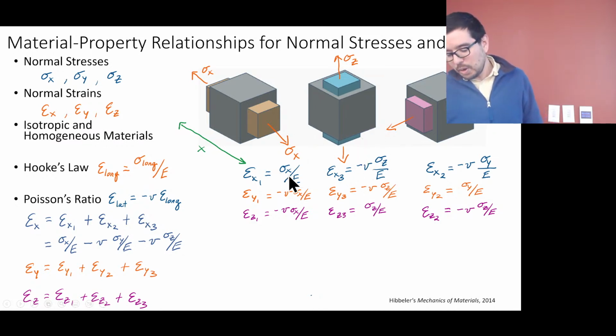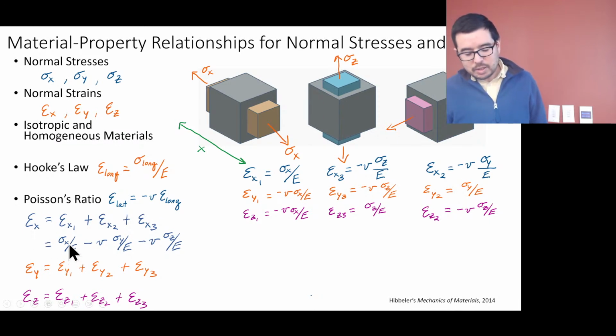And so when I did this out, you can see that you just add these strains to each other, and you get a total strain in the x direction. You see that the total strain in the x direction is dependent on stresses in all 3 directions. And you can do that for the strain in the y direction and the strain in the z direction as well.